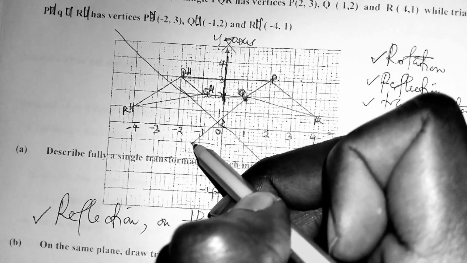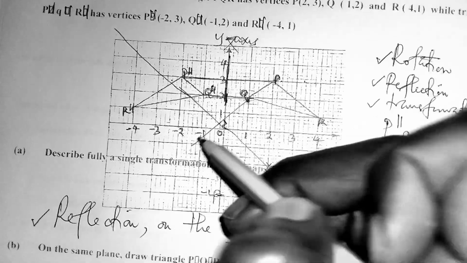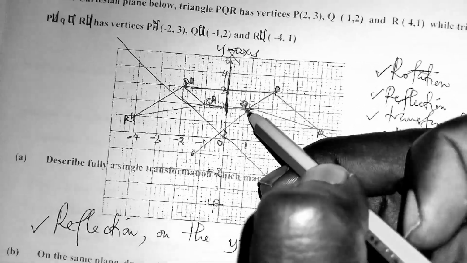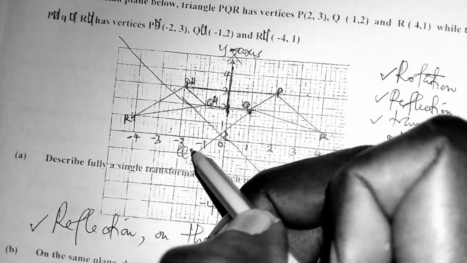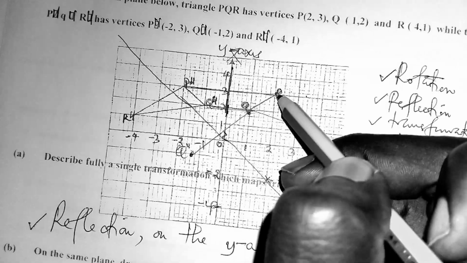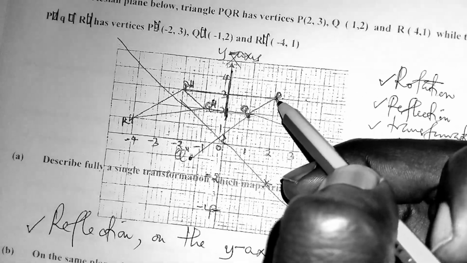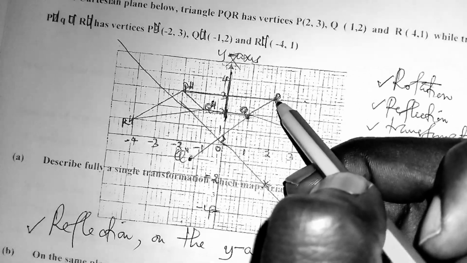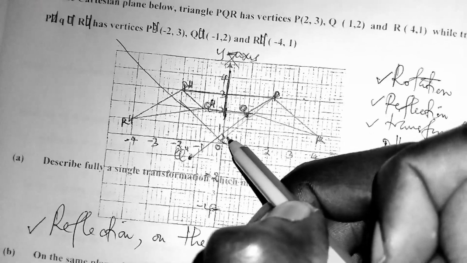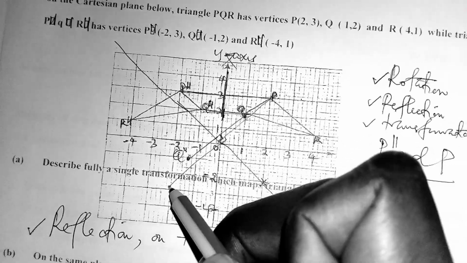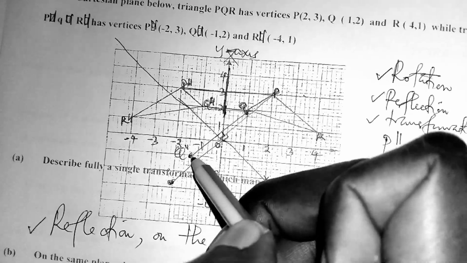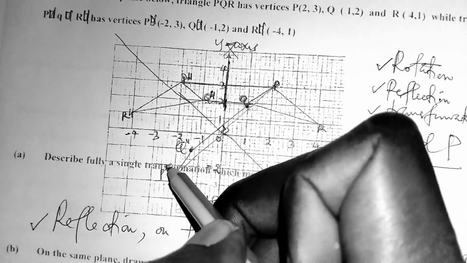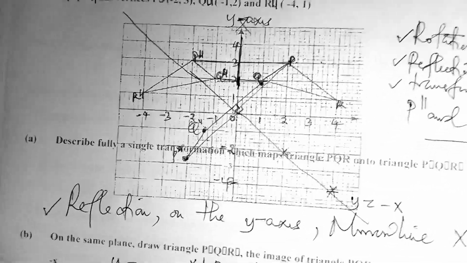So again, like that, you measure this distance, it should be the same as this distance, so that you have a point there. Again from P, you connect, and you do the same on the other side. You find your P prime.